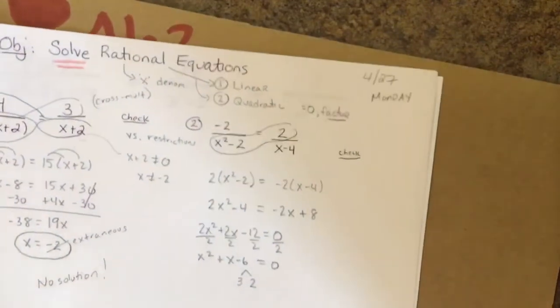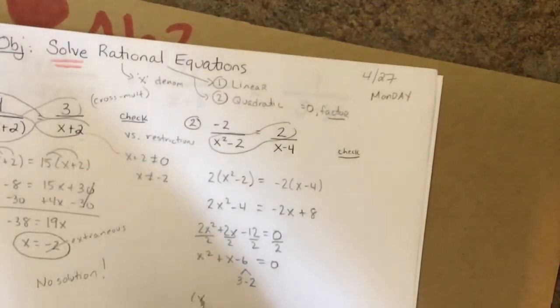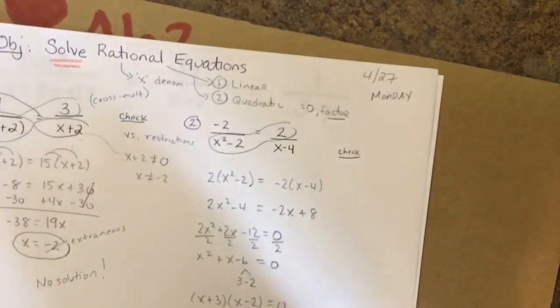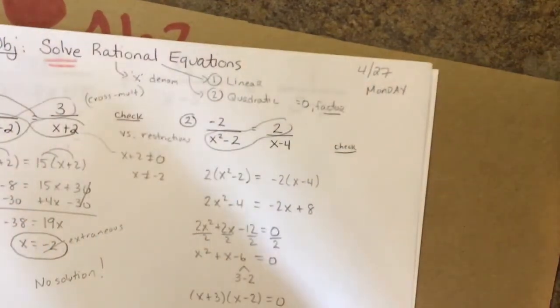Which one's negative? I want to add up to positive 1. So the 2's negative. So x plus 3, x minus 2. Each factor gives you an answer. First one's negative 3. Next one is positive 2. 2 solutions.